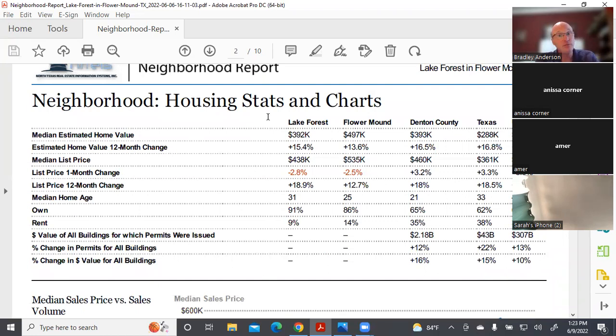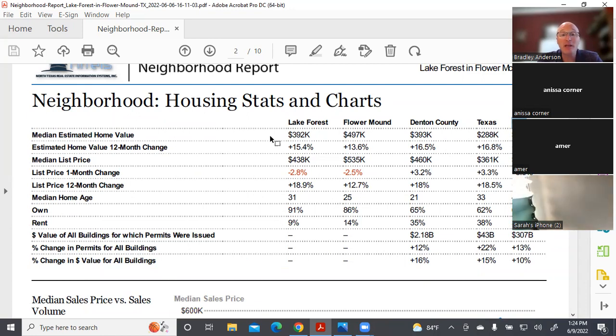Just to give you a frame of reference, it compares this to the town that I live in, then the county, then the state, and then the entire US.